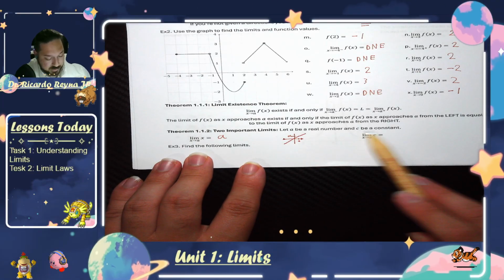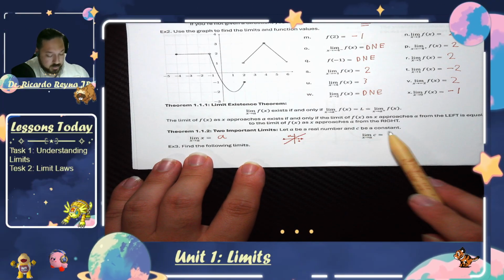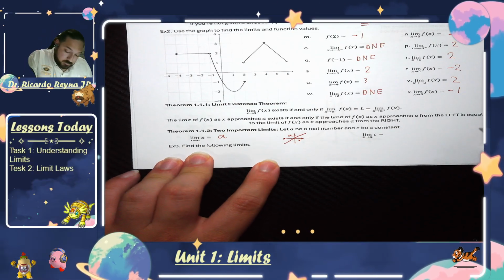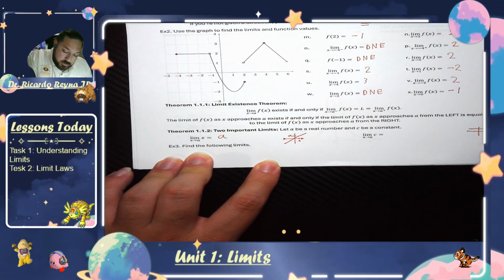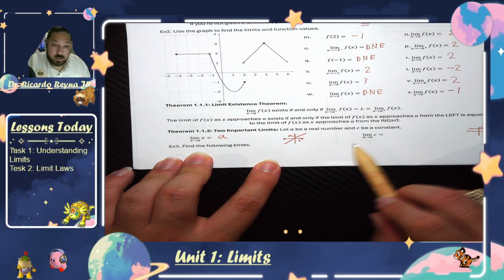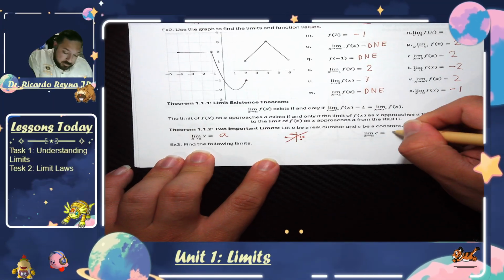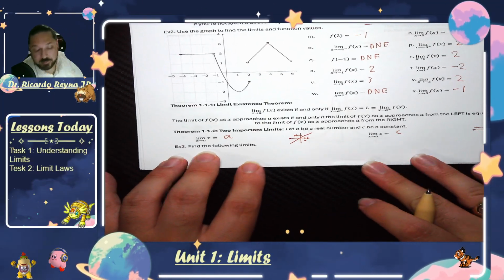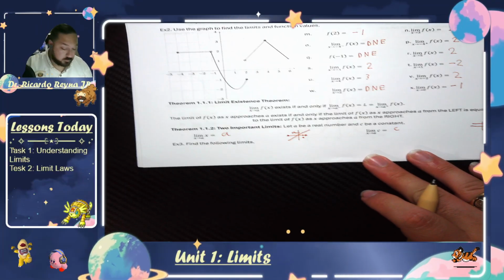But if we're dealing with a constant, we know a constant function is always going to be, frankly, constant. So it doesn't matter where on x we're looking, the entry will still be that constant.